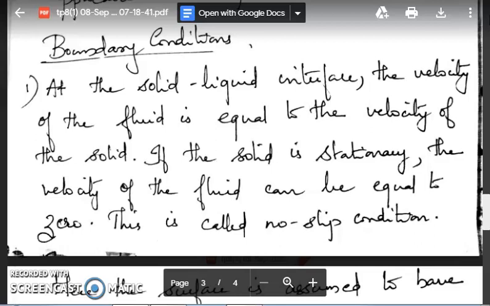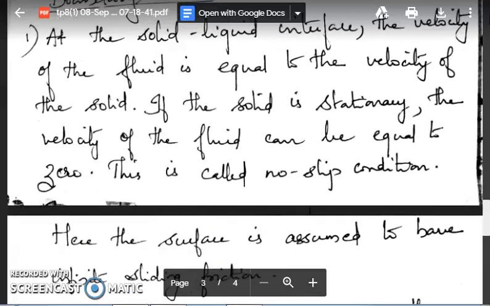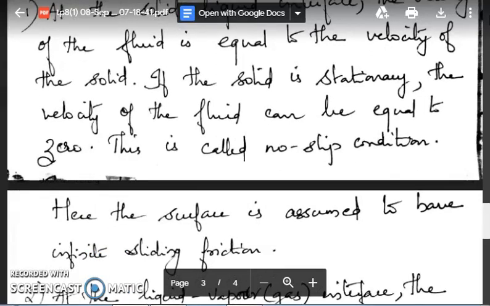This is called the no slip condition. Here we are assuming that the surface is having infinite sliding friction. So that is the first boundary condition. If you are having a problem with a solid liquid interface, you can use the first boundary condition. If the solid is stationary, the velocity of fluid can be equal to 0.